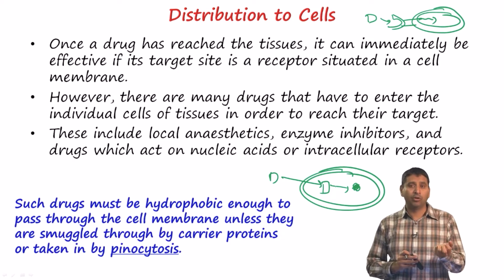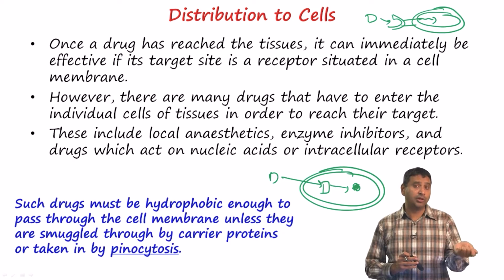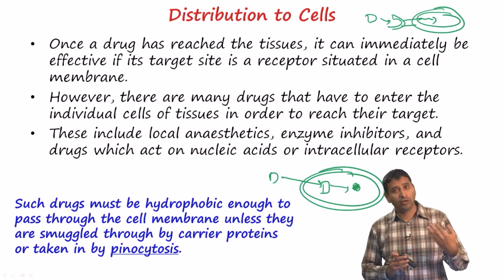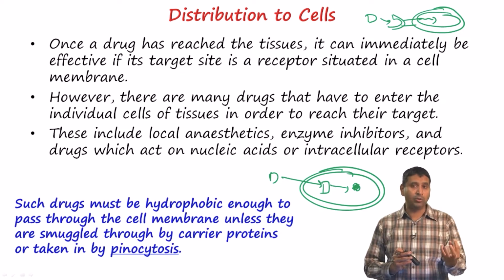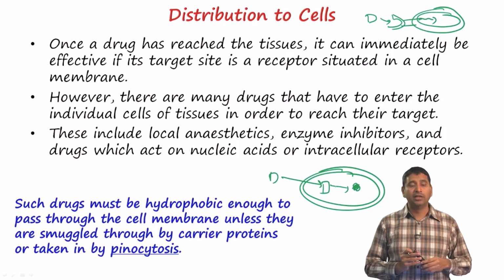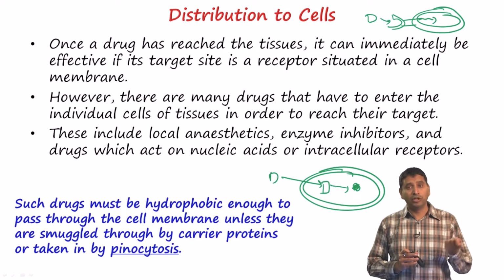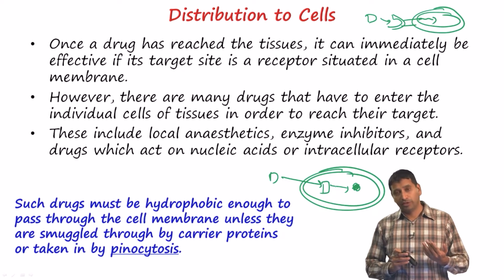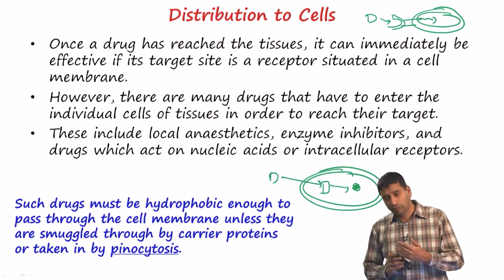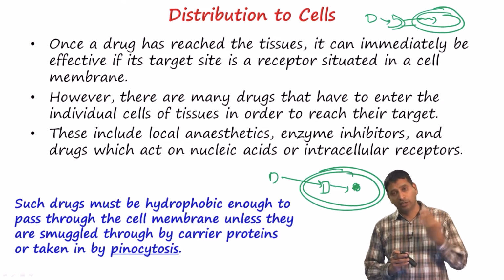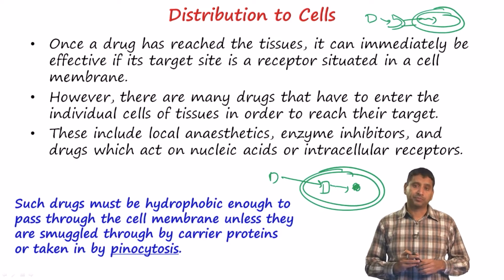If you design a small molecule as an inhibitor of an enzyme, it has to get across the cell membrane, hit the enzyme, bind to it and inhibit it. And of course, there are drugs which act on nucleic acids, and in mammalian cells they have to get across the cell membrane and the nuclear membrane, get into the nucleus and then bind.